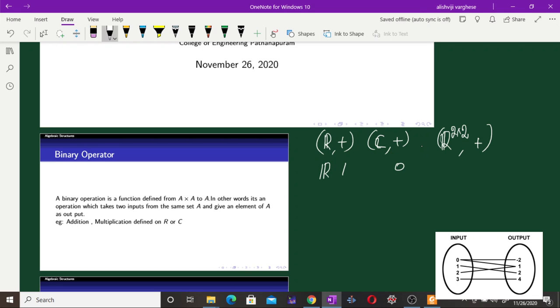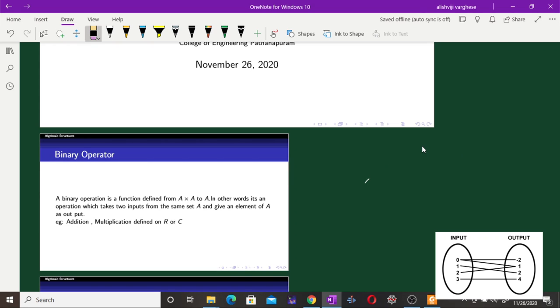So if we are dealing with the binary operation of division, then it's better to consider the set of all real numbers except 0 together with division. And the same is the case with complex numbers. Similarly, we can add two matrices, R2 n-tuples, R2 ordered pairs, etc. They are all binary operations.